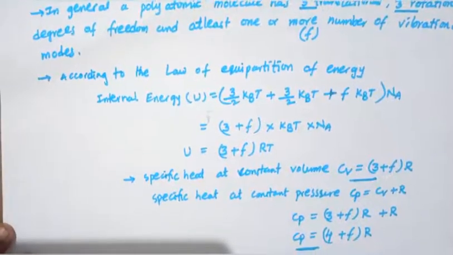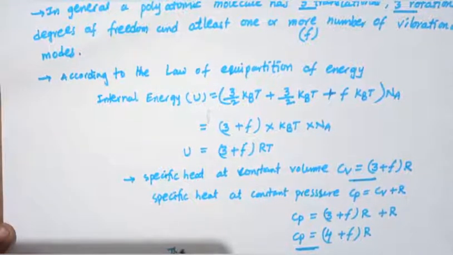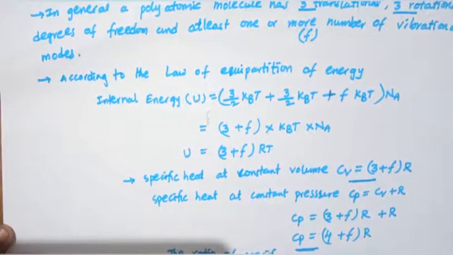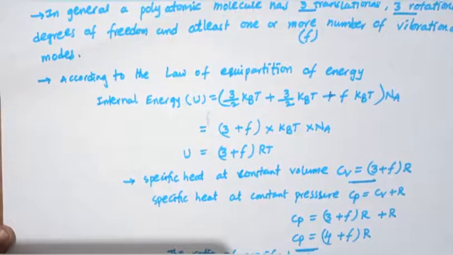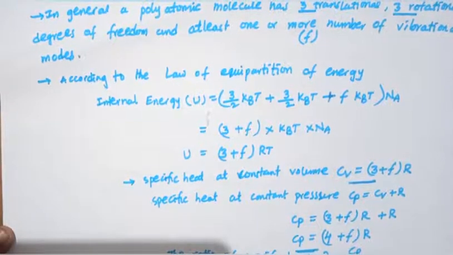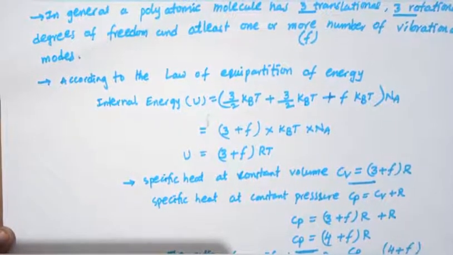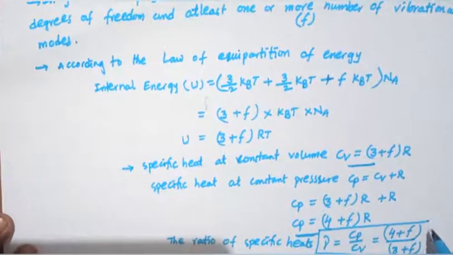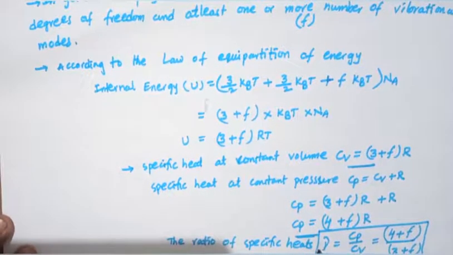The ratio of specific heats, gamma equals Cp by Cv, equals (4 plus f) divided by (3 plus f). So this is the equation for polyatomic gases.